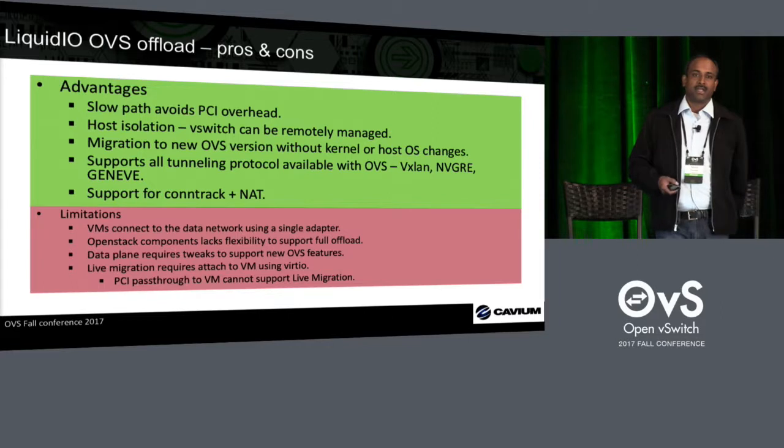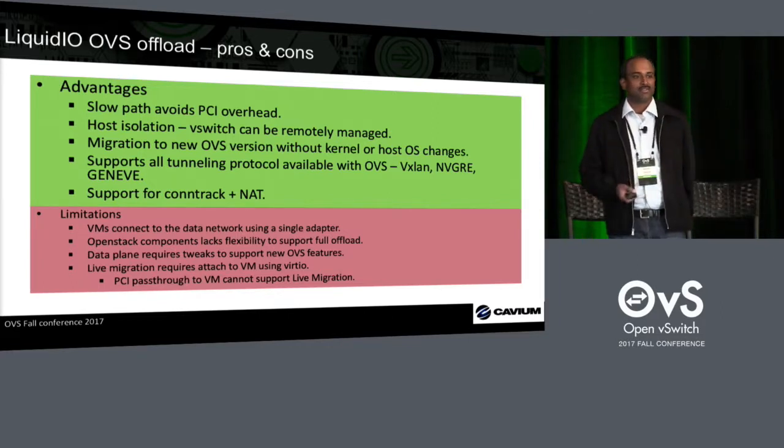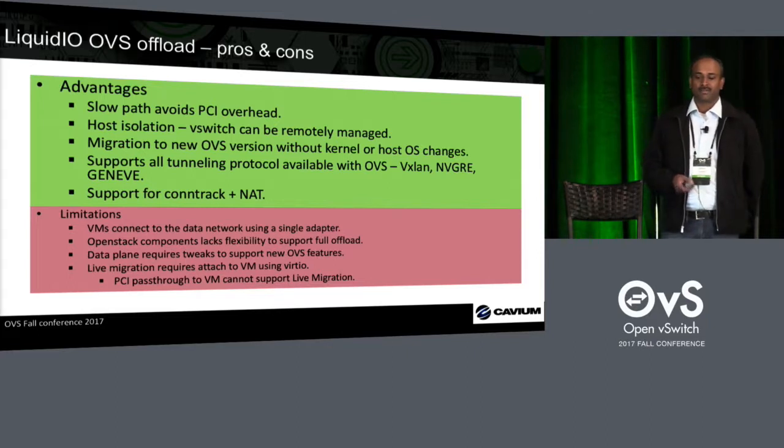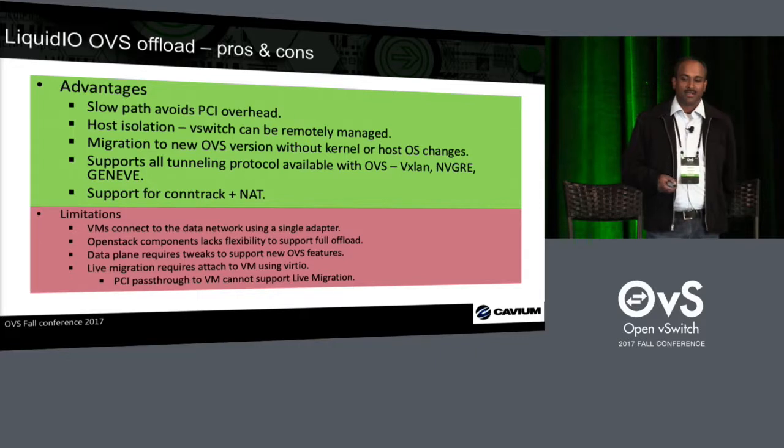We can do a firmware upgrade and provide feature updates, fixes, changes to the OVS if you want to move to a newer version, and that can be handled entirely within the adapter. Or if our customers are customizing and they want changes, their host operating system does not need to be touched. It can be remotely managed.